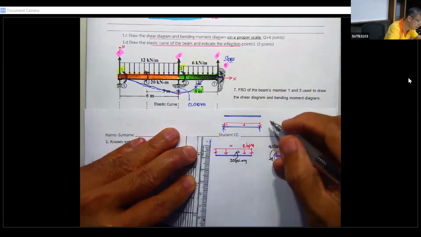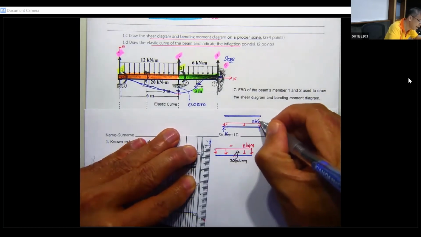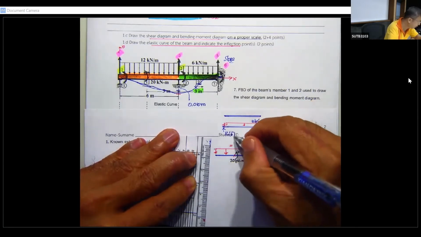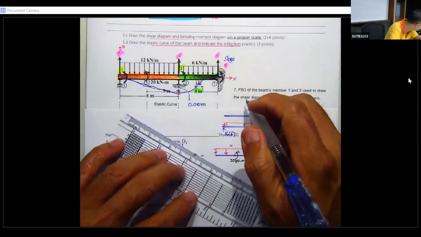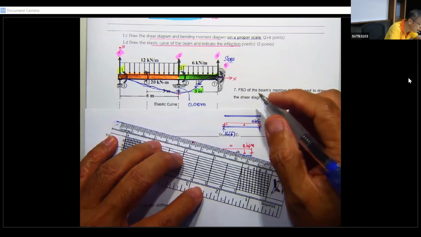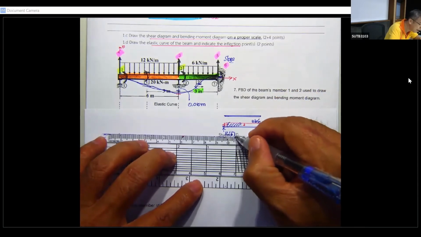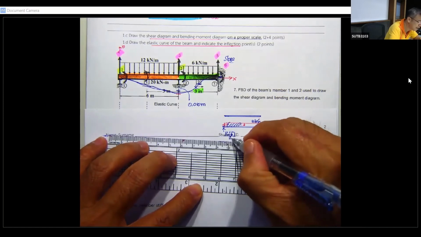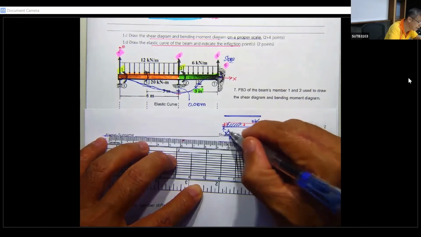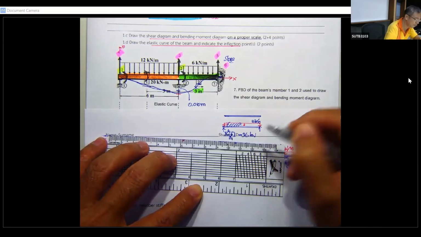It's going to be 12 kilonewton per meter times L, which is 6, divided by 2. Half of 12 is 6, so it's going to be 6 times 6, which is 36 kilonewton for this.